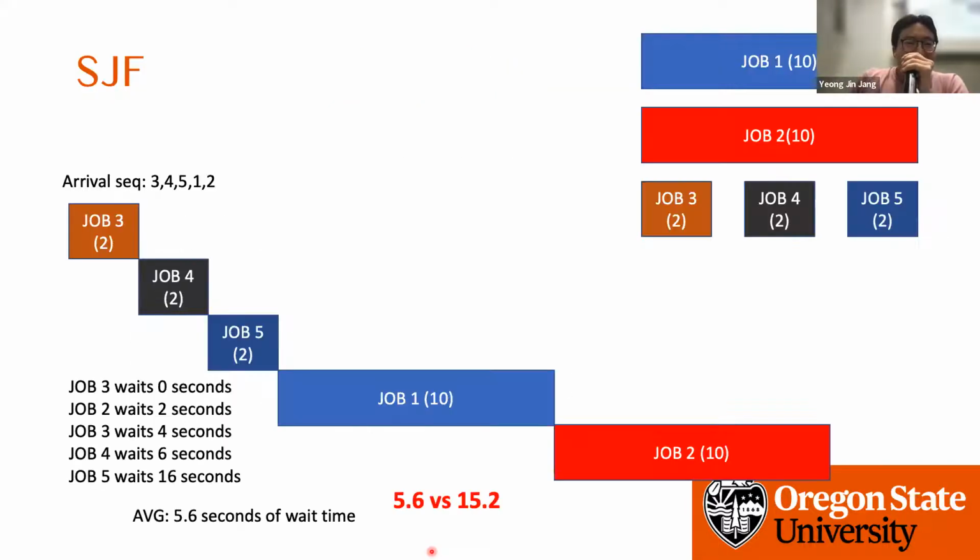In this case, we assume that we know what the expected running time of each job is. But in reality, we cannot measure exactly what the expected running time will be. Even if we have made a conjecture that job one would run for 10 seconds, it could require 12 seconds, or it could finish in 8 seconds.